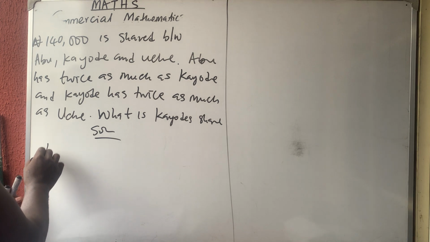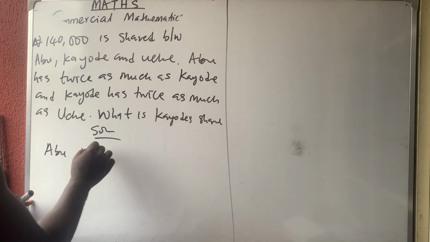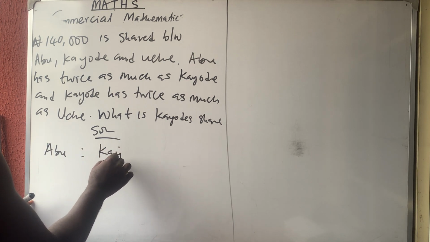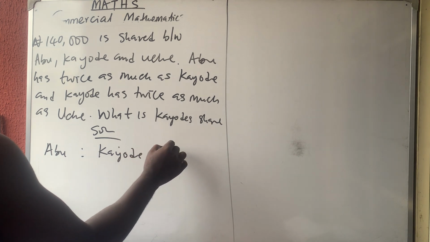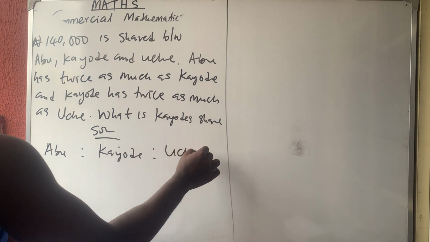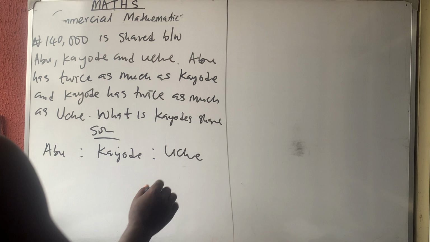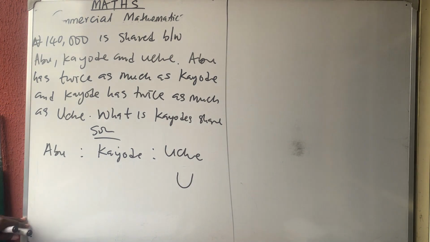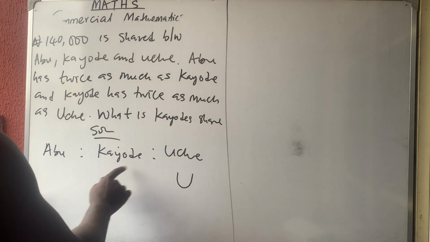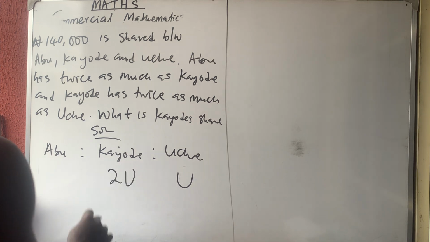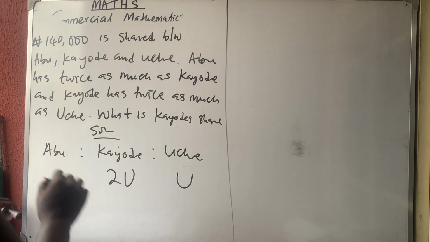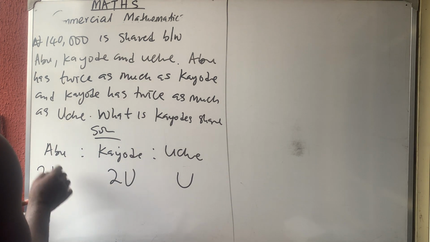Right, solution. Now I have Abu is to Kayode is to Uche. Now, if Uche's own is U, for instance, therefore Kayode's own will be twice of Uche, that is 2U, while Abu's own is 2 of Kayode's own.